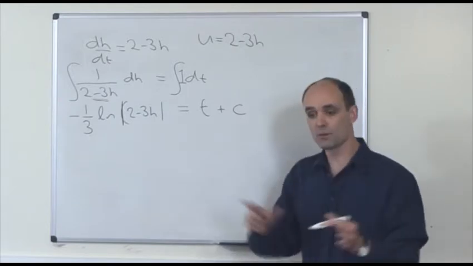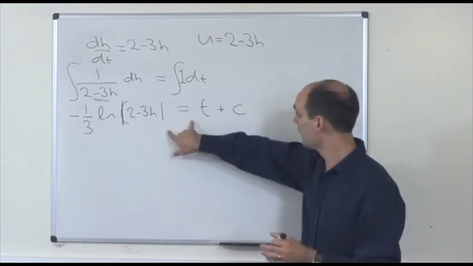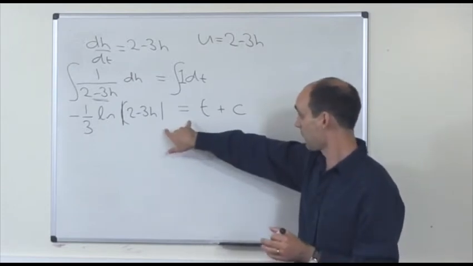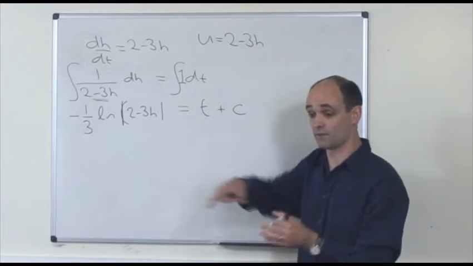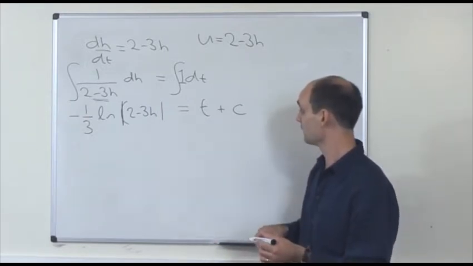So all that's required to do now is to rearrange this expression here. This is effectively a solution of the differential equation, but it might not be in the form that we want it to be in.